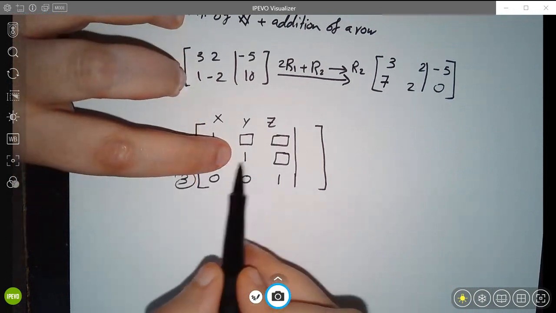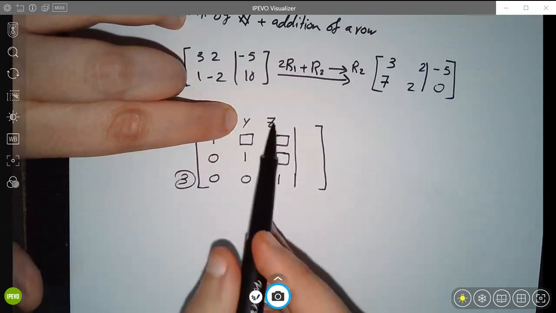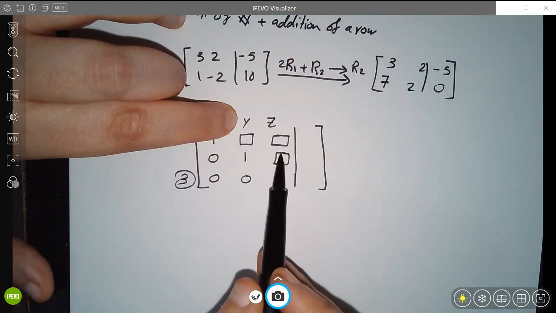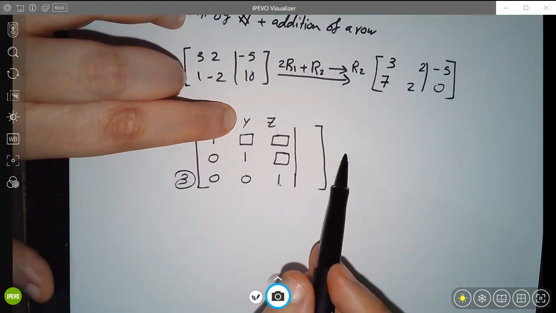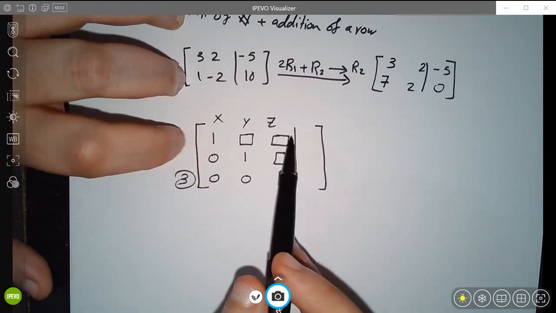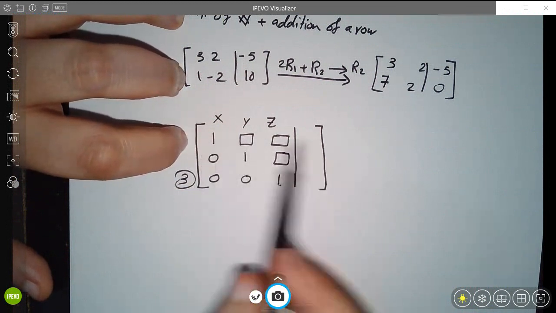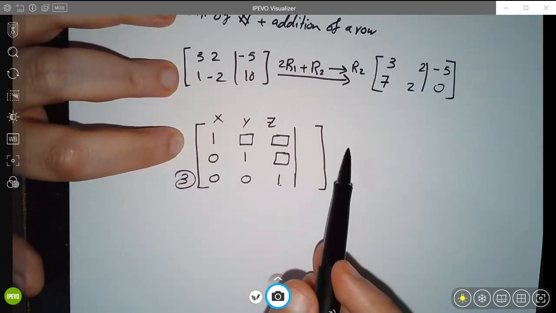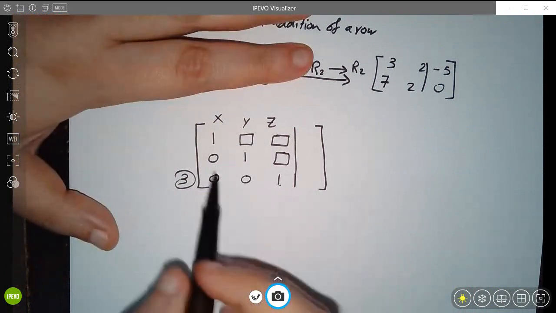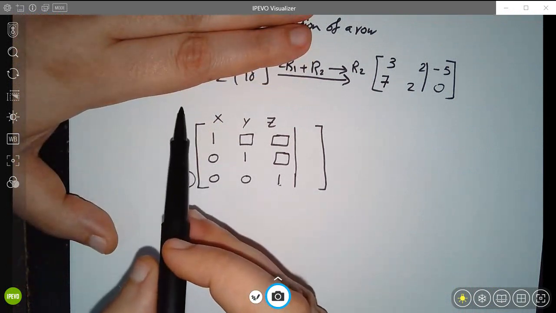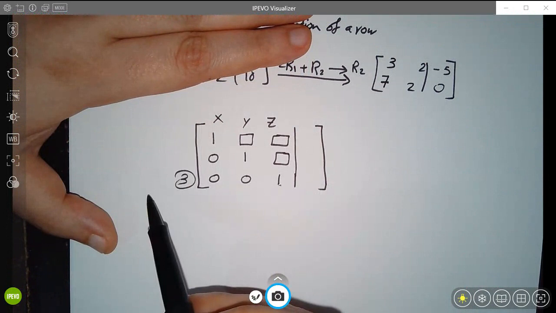The second equation has 1 for the second variable, but the third variable, which you already solved, you can just plug in and you solve y. And once you find y, you plug both z and y in the first one and you solve for x. Make sense? So this is the least amount of work you need to do.